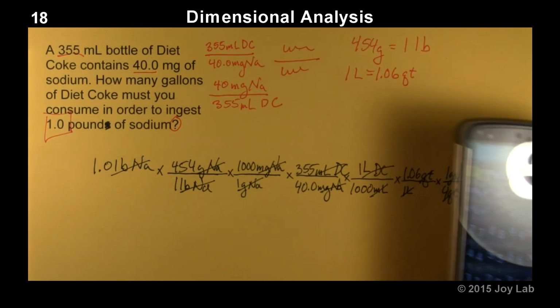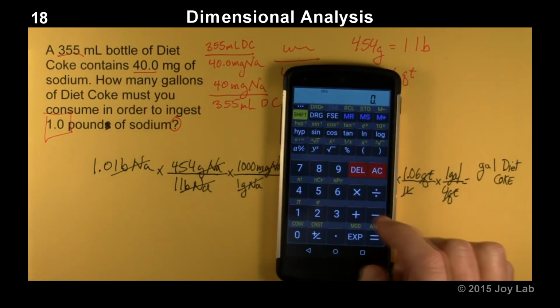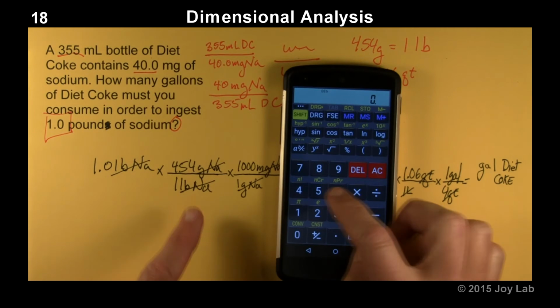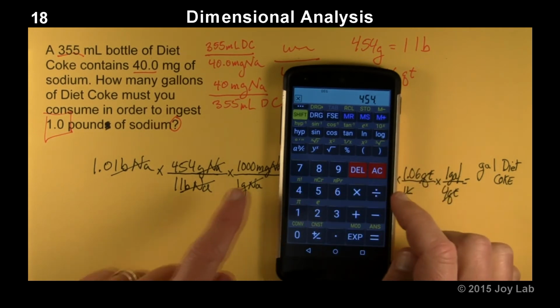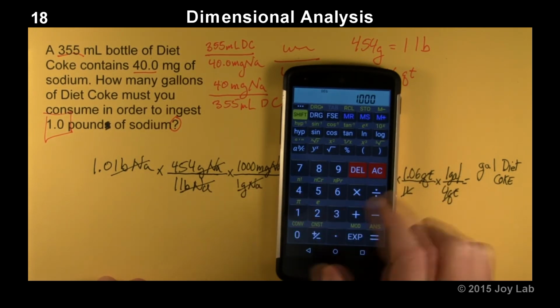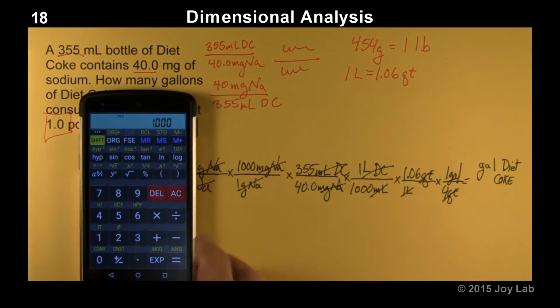Let's see. I have 454 times 1,000 times 355.